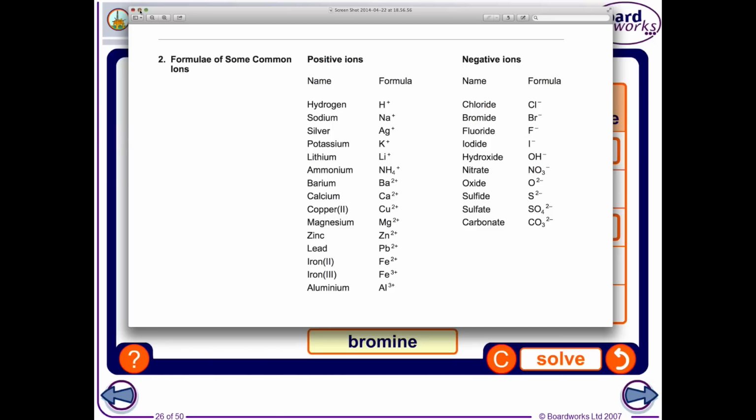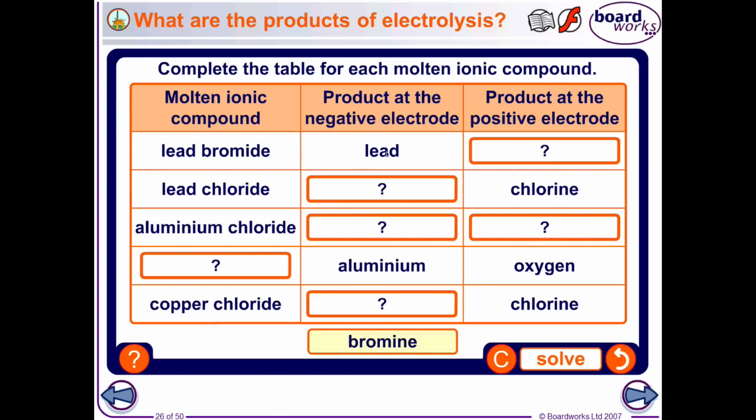So immediately we know that the lead goes to the negative electrode and the bromine is going to go to the positive electrode. Now the next part, lead chloride, we know that lead's positive, so that's going to go to the negative electrode, and the chlorine is going to go to the positive electrode because chloride is negative.